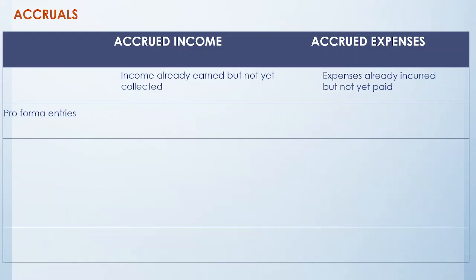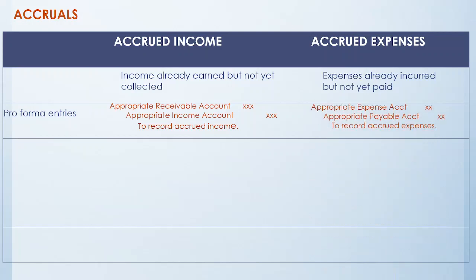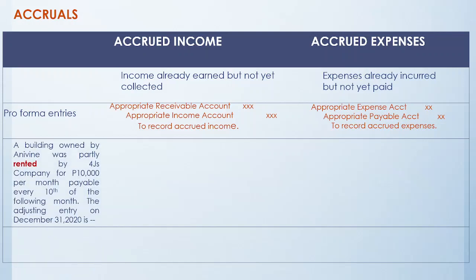To record the accrued income, we debit the appropriate receivable account and credit the appropriate income account. On the other hand, to record accrued expenses, we debit the appropriate expense account and credit the appropriate liability account. To understand this concept, let us have this transaction.